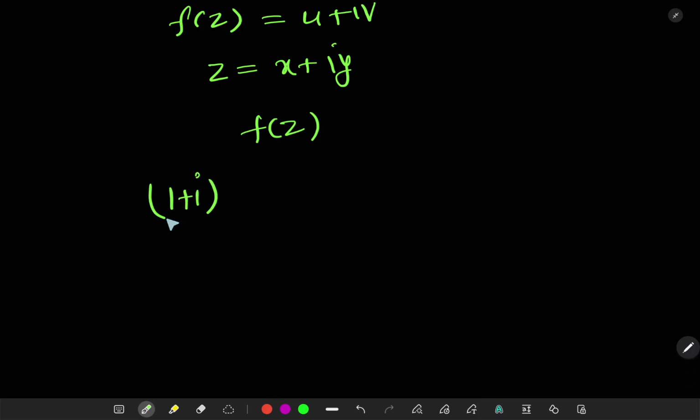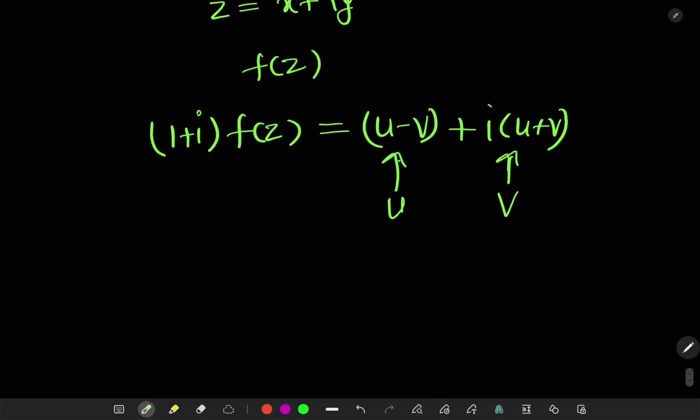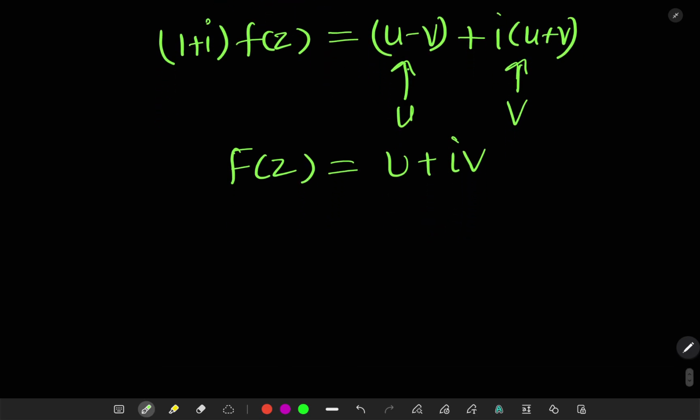So we can write here this, and this is capital U and this is capital V. So capital F of z is equal to U plus iota V, and here you can see that U minus V is given, so we write here capital U, which is equal to this.